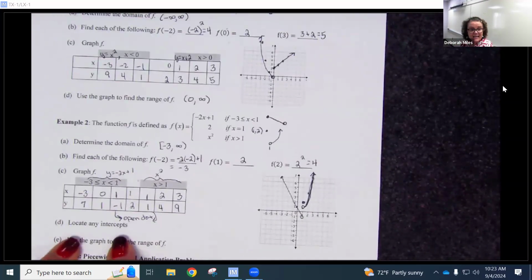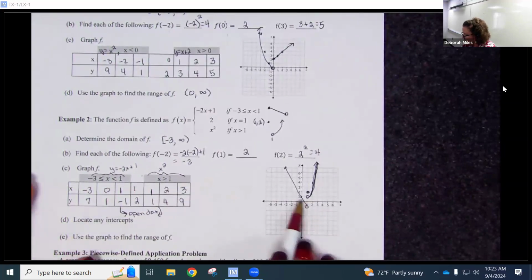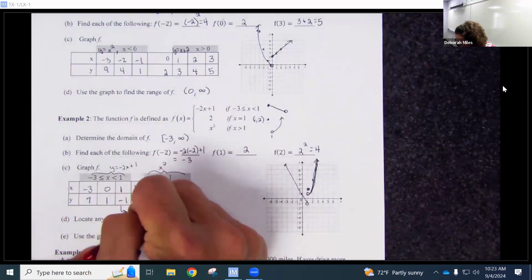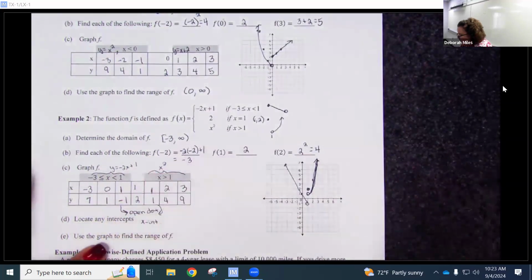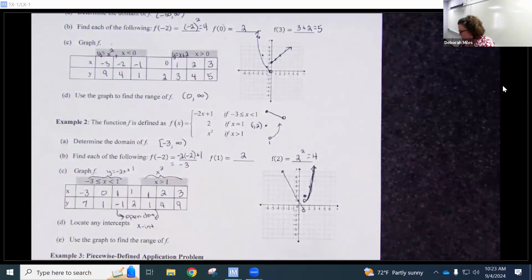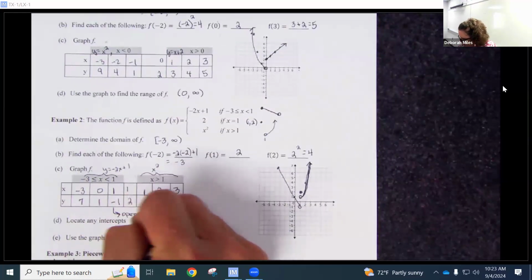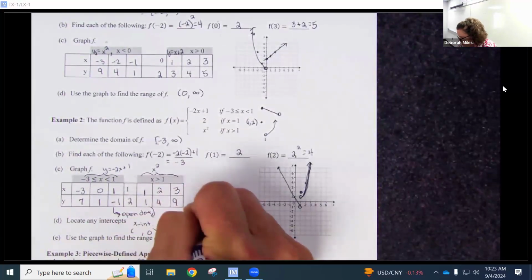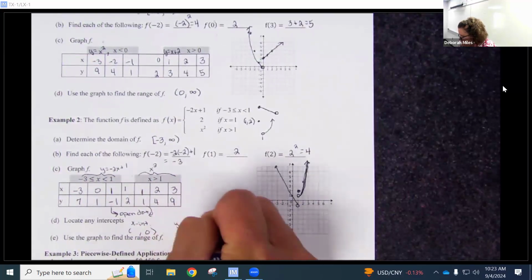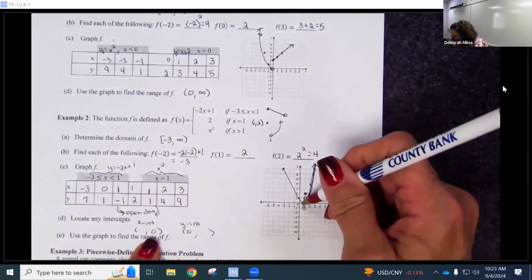We're asked to find any intercepts, any points where the graph crosses either axis. Looks like this graph crosses the x-axis in one place and the y-axis in one place. The x-intercept, you'll remember from the last lesson, lesson 3, we said to find an x-intercept, you let y be 0, and to find a y-intercept, you let x be 0. Y is 0 right about here.